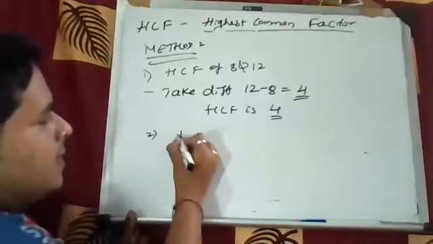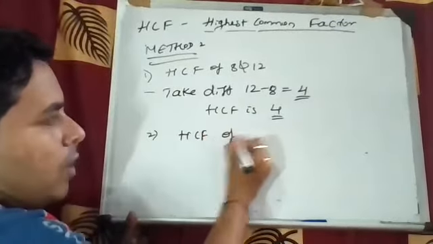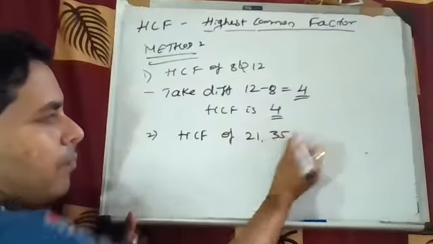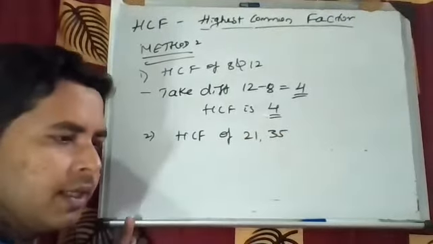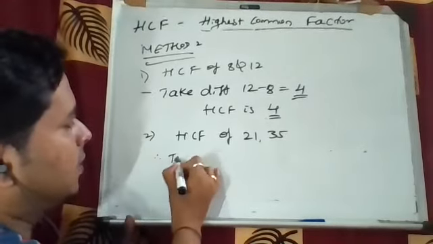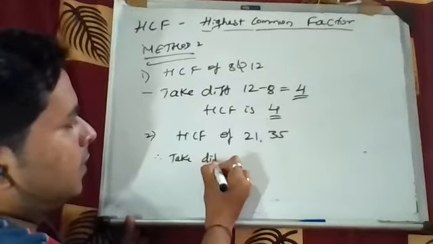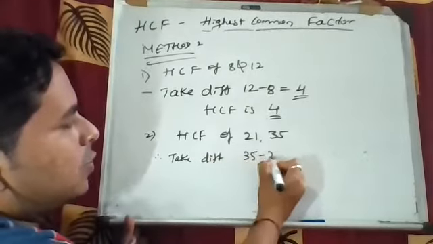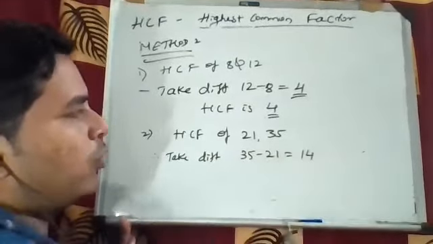One more question: what is the HCF of 21 and 35? If I take a difference, 35 minus 21 is 14.